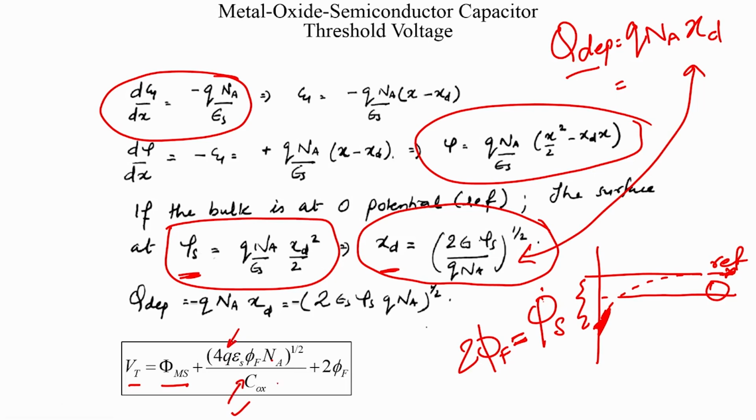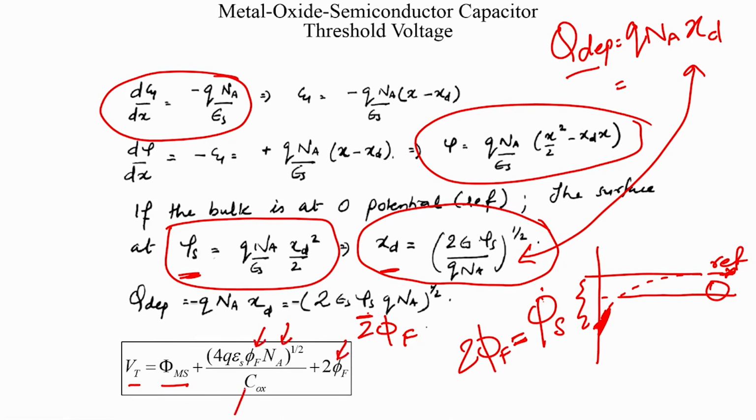We already know what Cox is: it is the oxide capacitance, the insulator capacitance per unit area, plus phi s, and at threshold phi s is 2 phi f. So, that is the threshold voltage. If you know the doping concentration, you basically know phi f, and here the surface potential term has been substituted by 2 phi f.